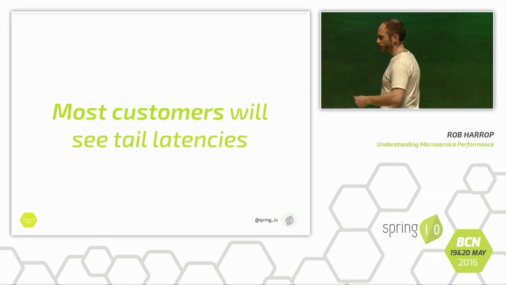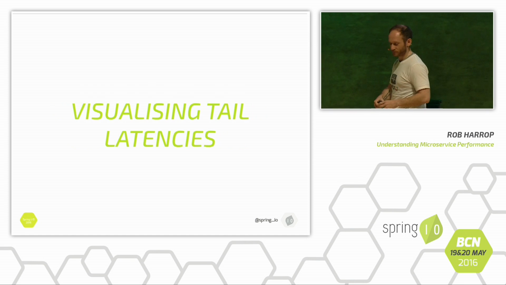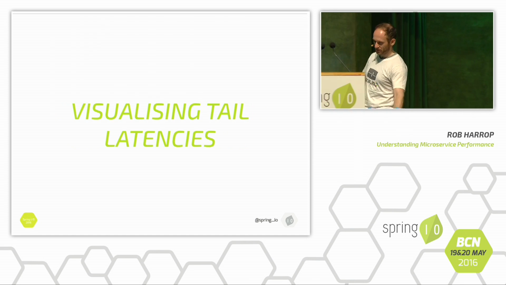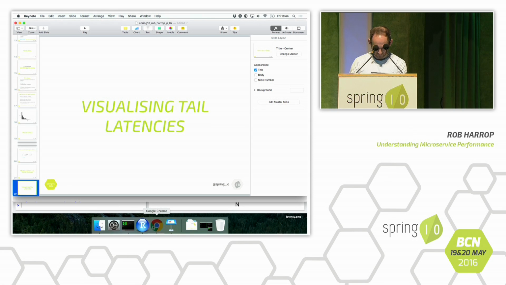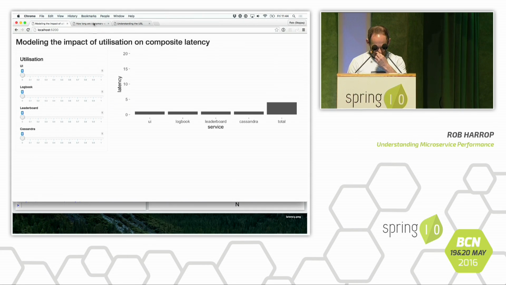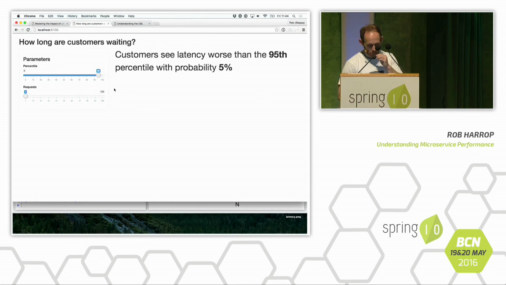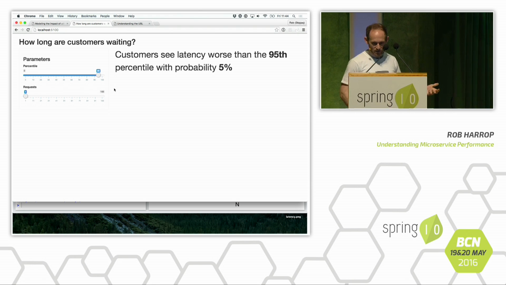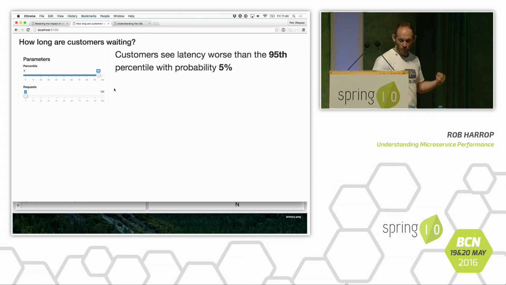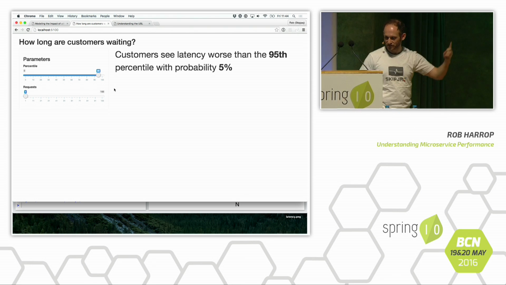So most customers will see tail latencies, and we can actually see what the impact of this is if we do a quick simulation. I hope you can see all that. I'm very interested in this little simulation. Customers see latency worse than 95th percentile with probability 5% when they make one request.